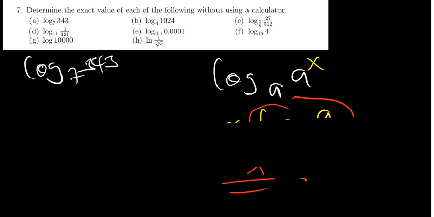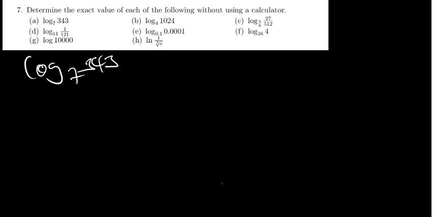Now I have the first question, which is log base 7 of 343. How can we make this 343? We need to make it 7 to the power of a number. 7 to the power 2 is 49, and 49 times 7 gives us 343.